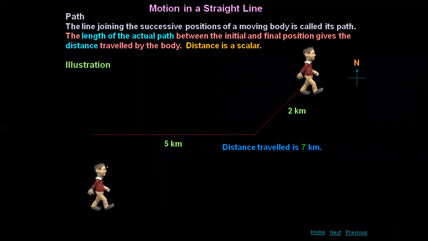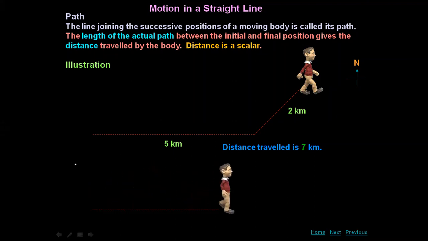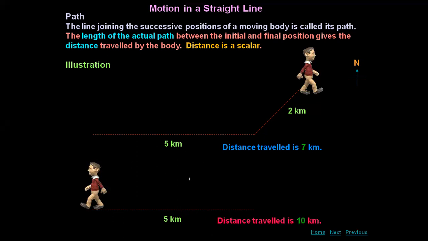Now consider the same person moving again. Now he comes back to his initial position. After covering 5 kilometers, he goes up to 5 kilometers and returns to his initial position. In this case, who will give me the answer?